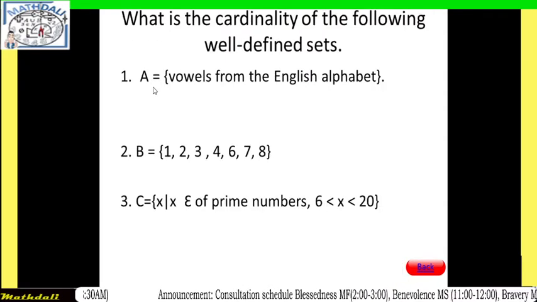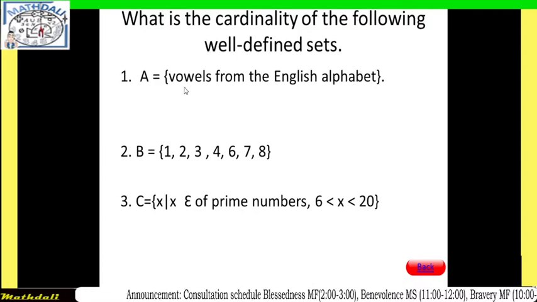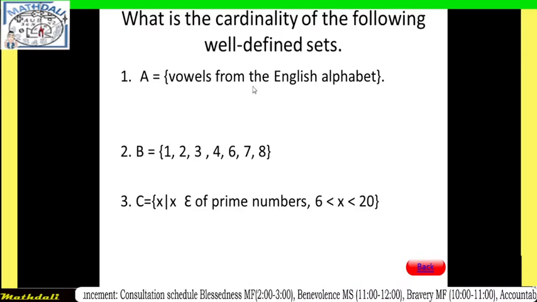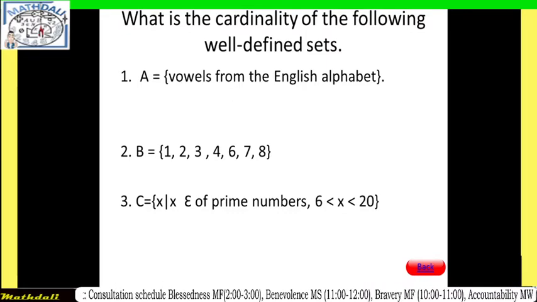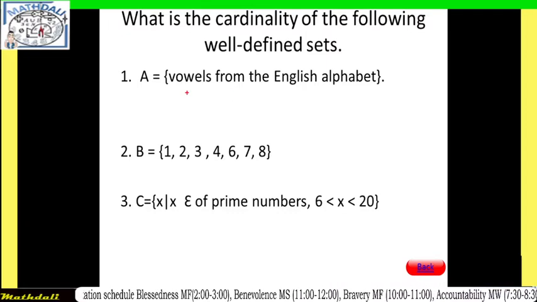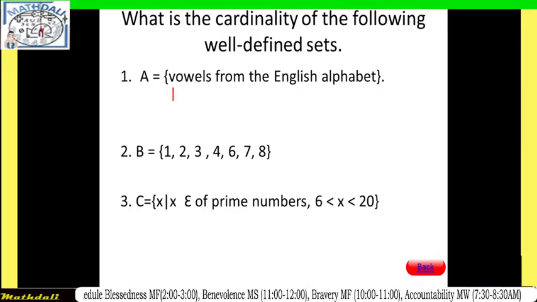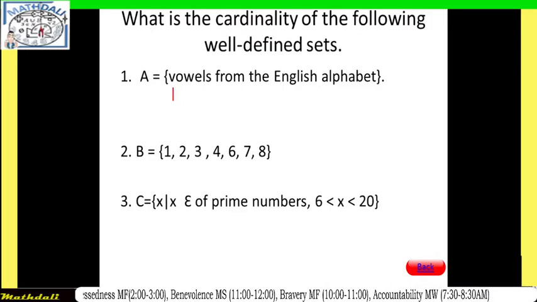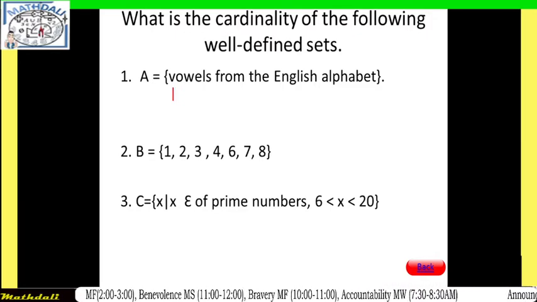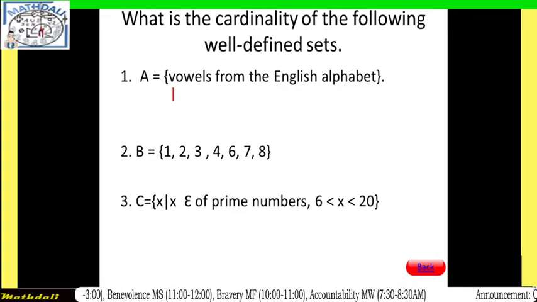So suppose we have this set A, vowels from the English alphabet. Mas madaling alamin kung ilan yung element kung yan ay naka-illustrate gamit yung roster method.